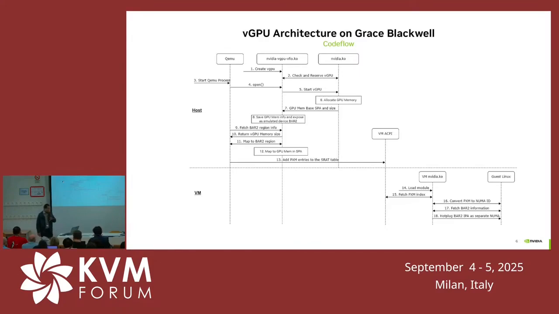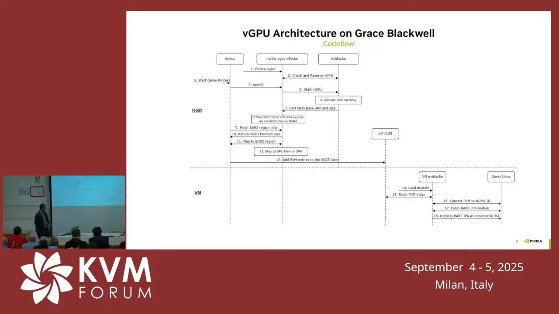When that happens, GPU memory is allocated by the NVIDIA.ko. That would be for the virtual GPU, right? And then NVIDIA.ko informs the base SPA and the size of the allocation that it did. Then it saves the GPU memory info.